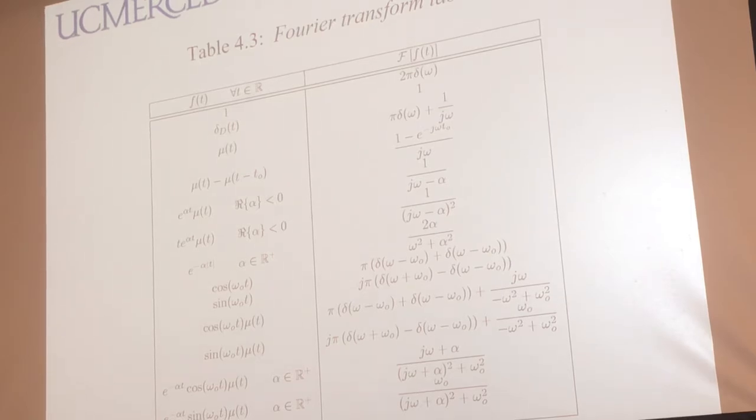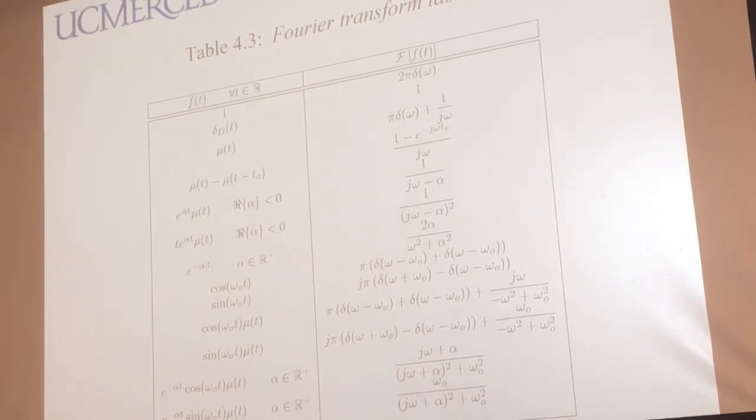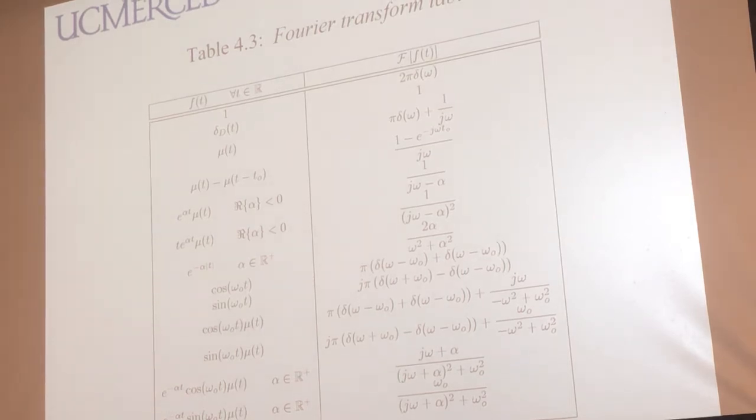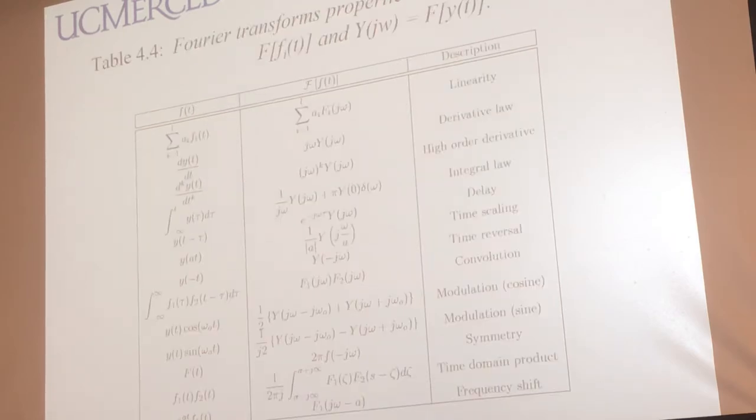This is called the Heaviside step. And they have properties similar to linearity and the derivative law. So if you do a derivative in the time domain, then it's j omega in the frequency domain.